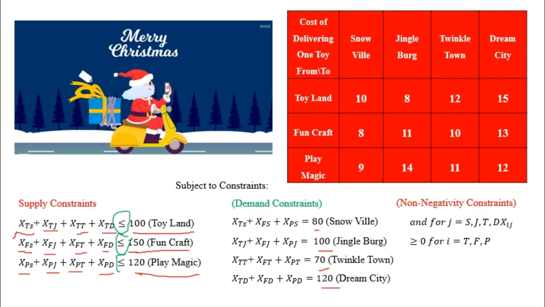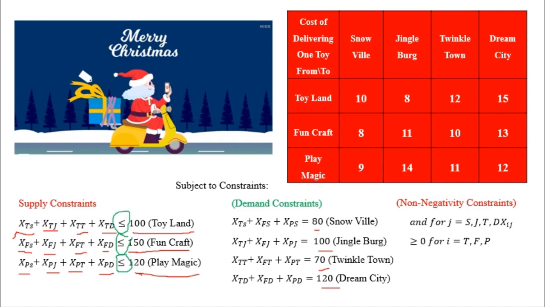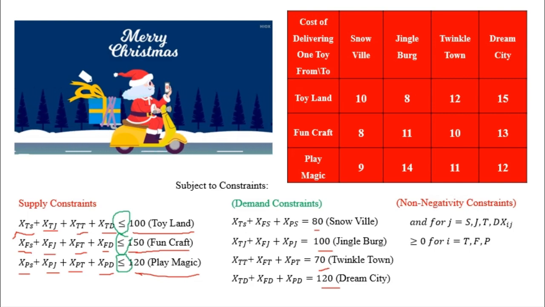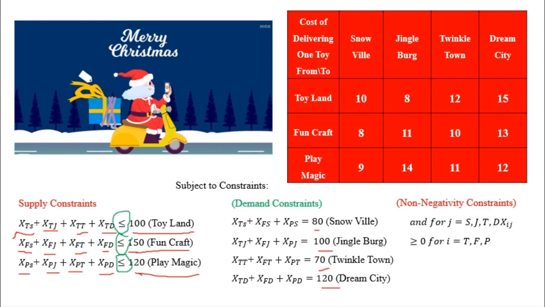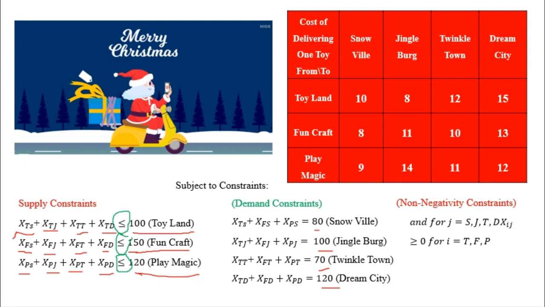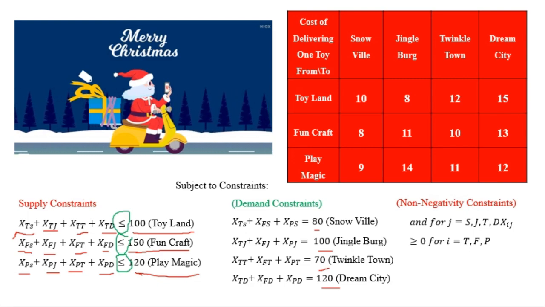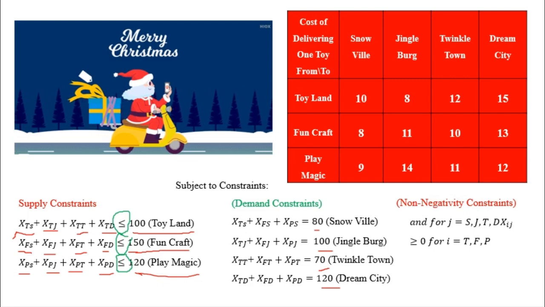Okay, so the reason again, like we discussed, for a less than or equals to constraint is that it cannot deliver more than what it is supplying. All right, so this is what we mean by the supply constraint. I hope this part is clear to all. Next type of constraints are the demand constraints. Now what do you mean by the demand constraints?